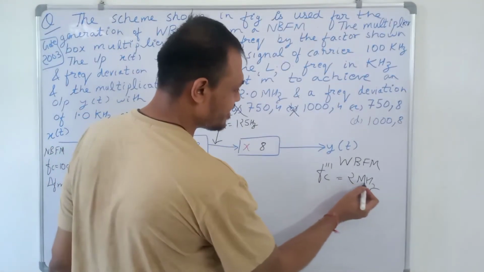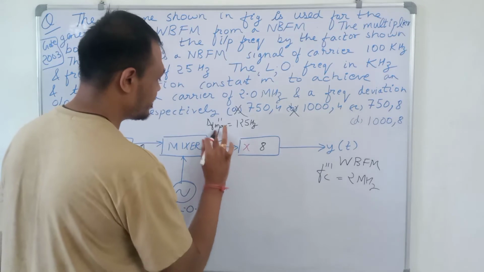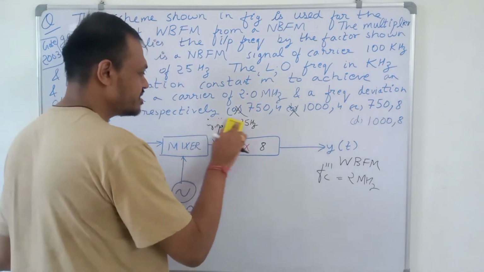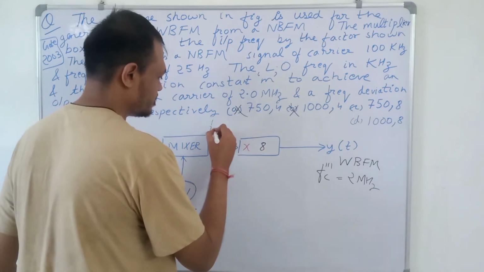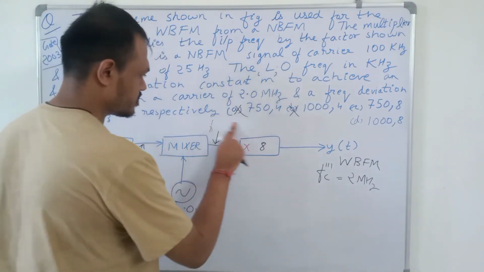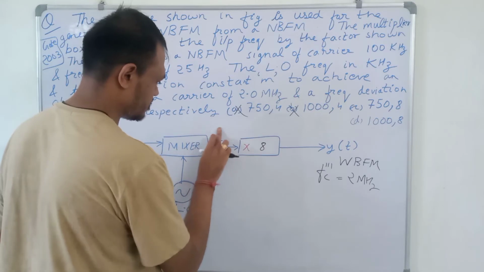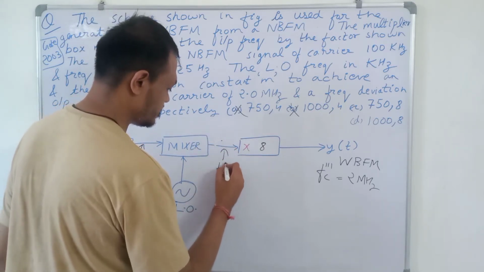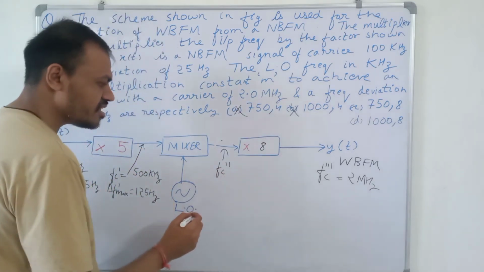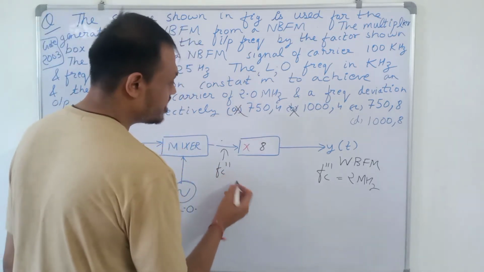So here fc triple dash is 2 MHz, and here it is fc double dash, the frequency at this point.